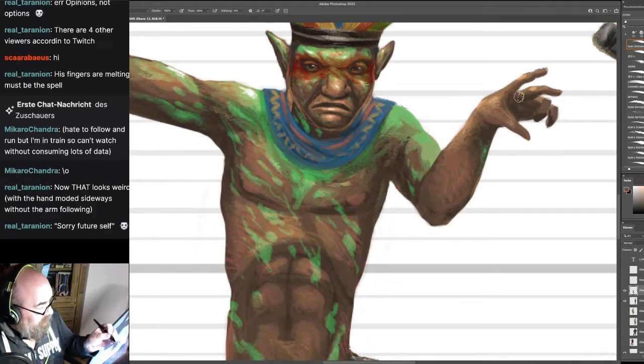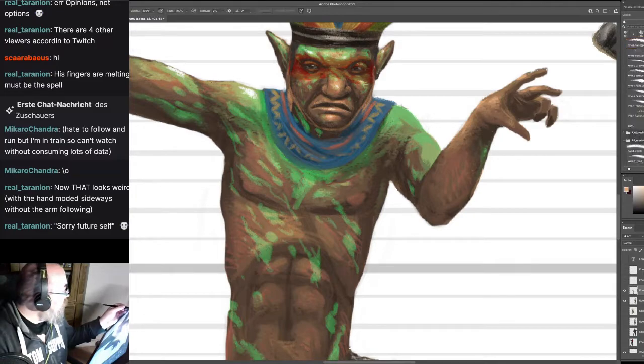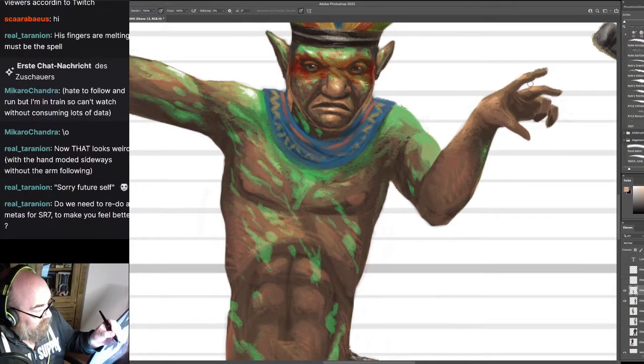Part of the problem being that hands in magical gestures always look strange because they are unfamiliar to most of us, at least. So even if you do them right, anatomically perfect, which this isn't, I know that, they still look weird. Weird as in hard to believe for our mundane eyes.